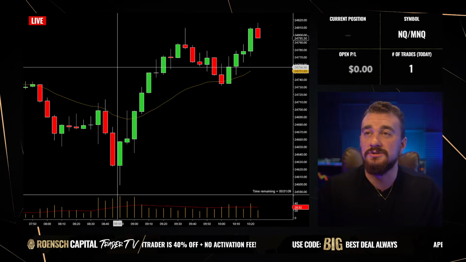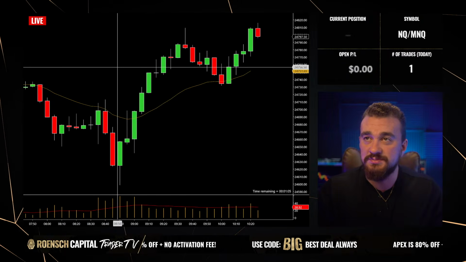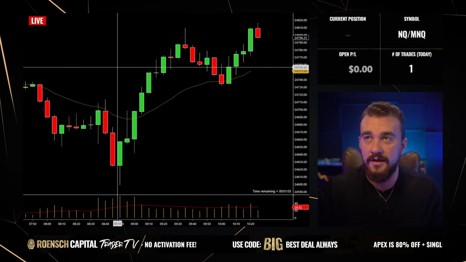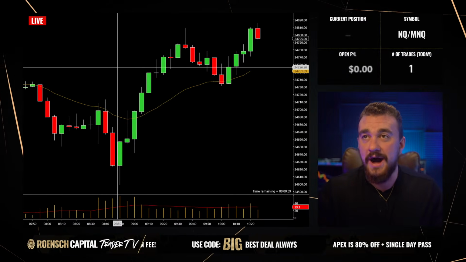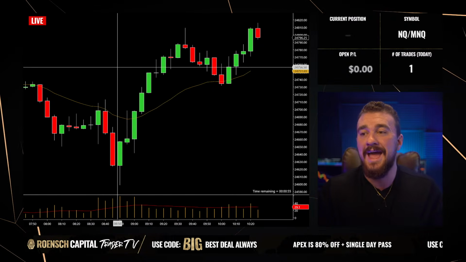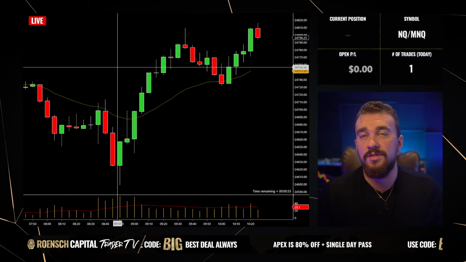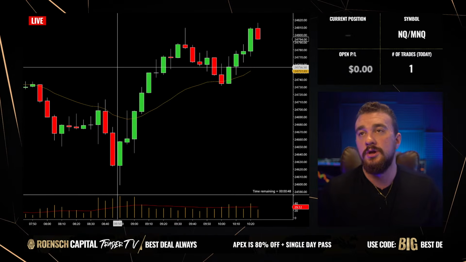So I put my fingers in a typing position, and all I do is move my thumbs off the space bar onto each Alt key. Then my hotkeys, Alt F, buy limit, Alt J, sell limit. I can open and close orders with each of those. It's not specific to opening or closing.